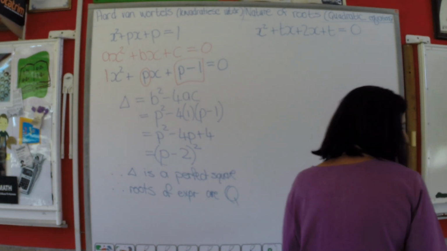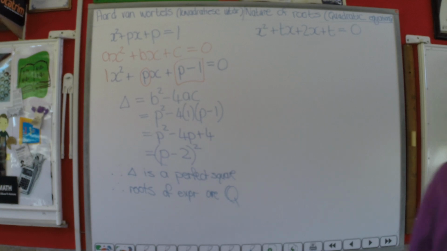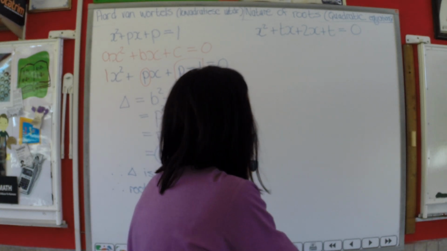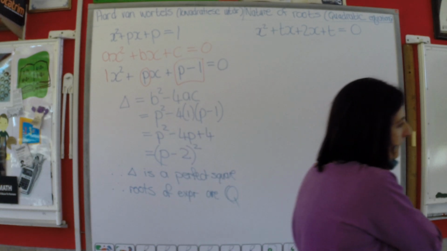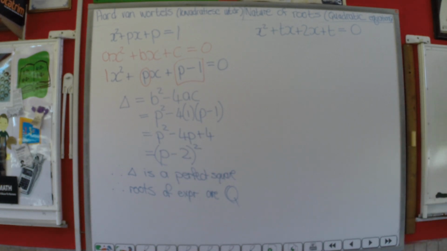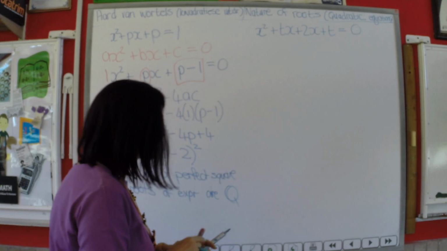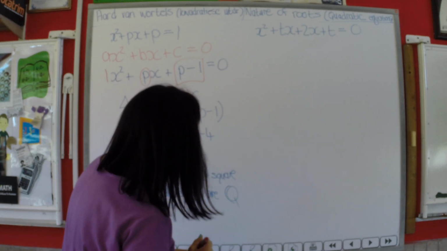So reëel en ongelyk, kom ons kyk. Reëel beteken groter of gelyk aan 0 en ongelyk beteken hy moet groter wees as 0. Hy mag nie 0 wees. So kom ons gaan eerstens kyk in my standaardvorm.